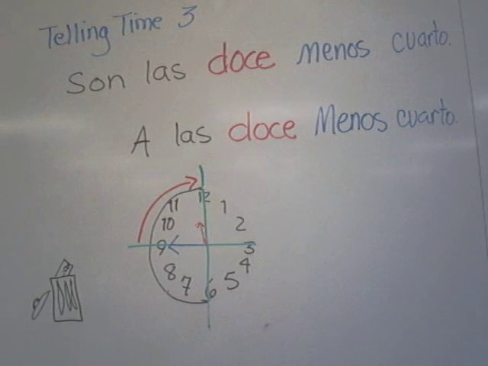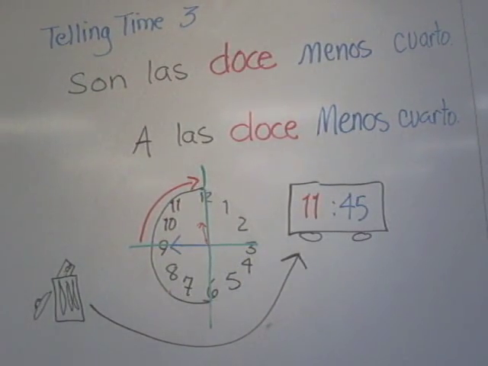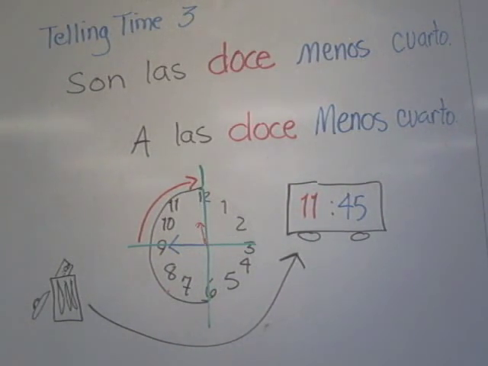Now, we only use this actually if we're using an analog clock. Because if you're wearing a digital watch, that's what you'll see on the right, and you'll say, son las 11:45. Nobody wearing a digital watch would say, son las doce menos cuarto. They don't do that math in their head.